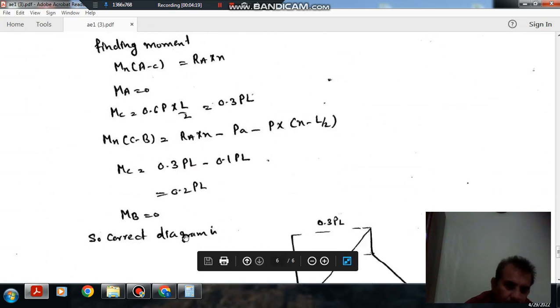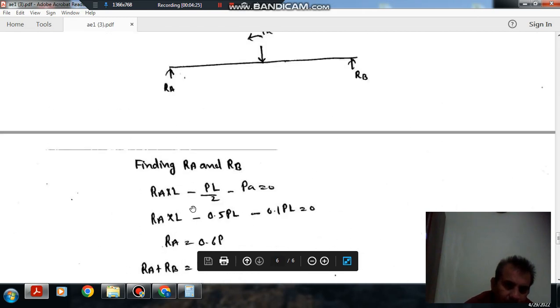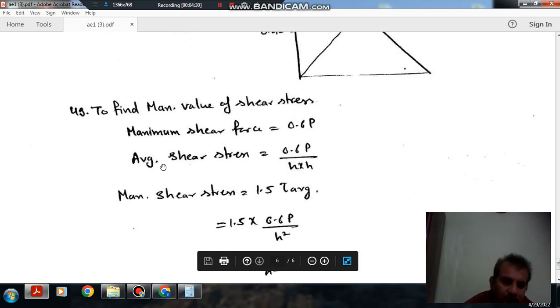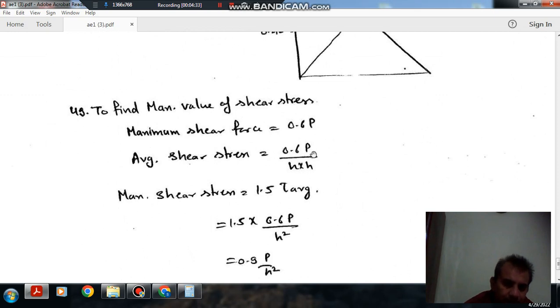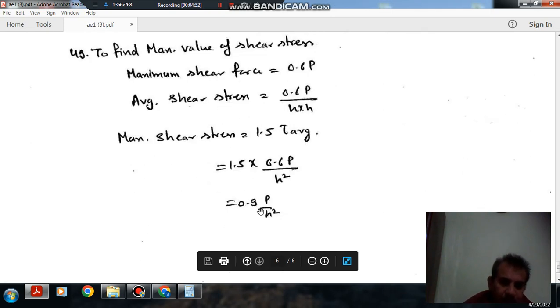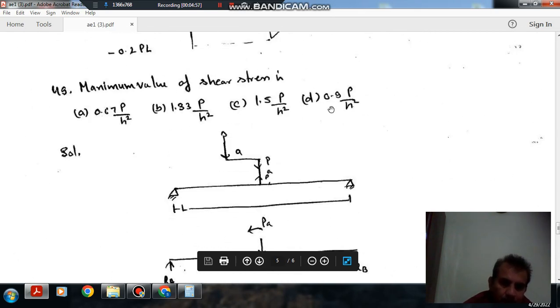So RB is 0.4 P and RA is 0.6 P. So the maximum value is 0.6 P. So the shear force is 0.6 P and the average shear stress is 0.6 P divided by the area of that square section, that is H into H. And we know that in case of bending and a square cross section, the maximum shear stress is 1.5 times the average shear stress. So that comes out as 0.9 P by H square. So option D, 0.9 P by H square, is the right answer.